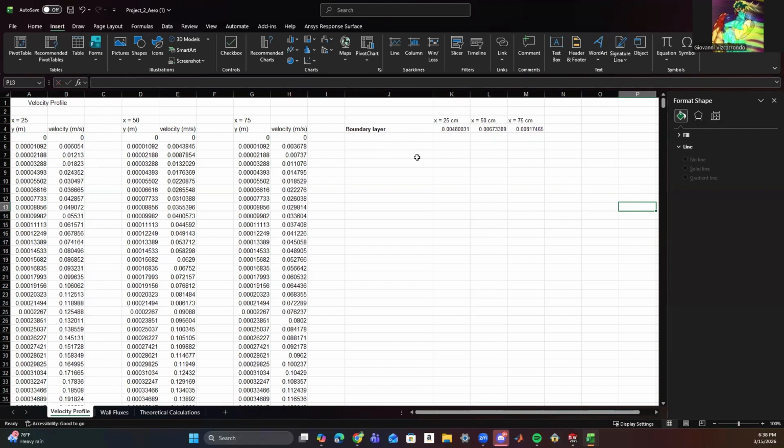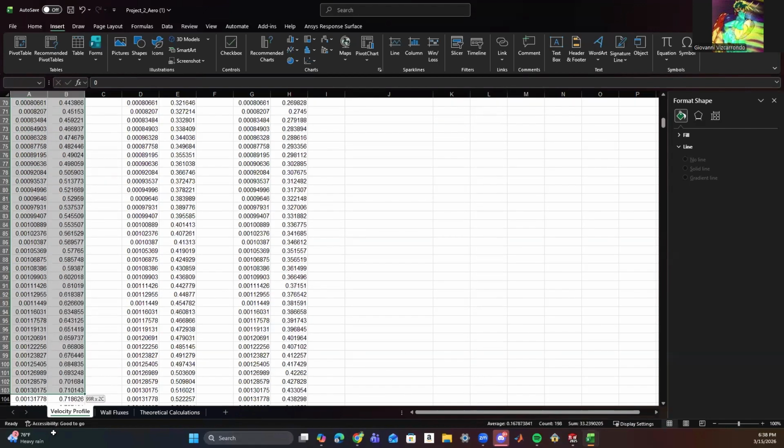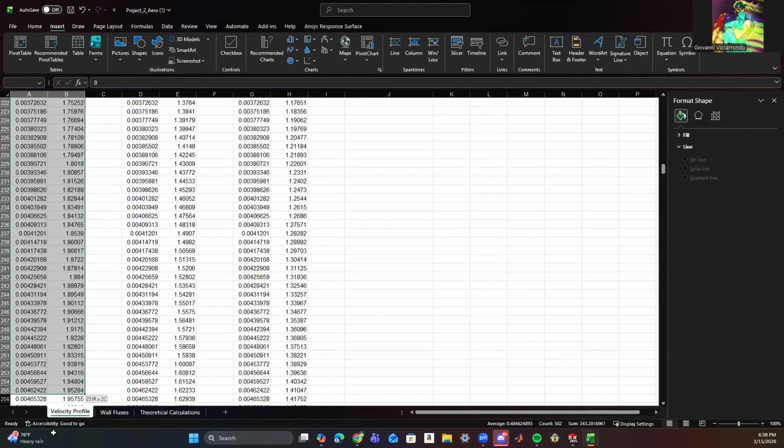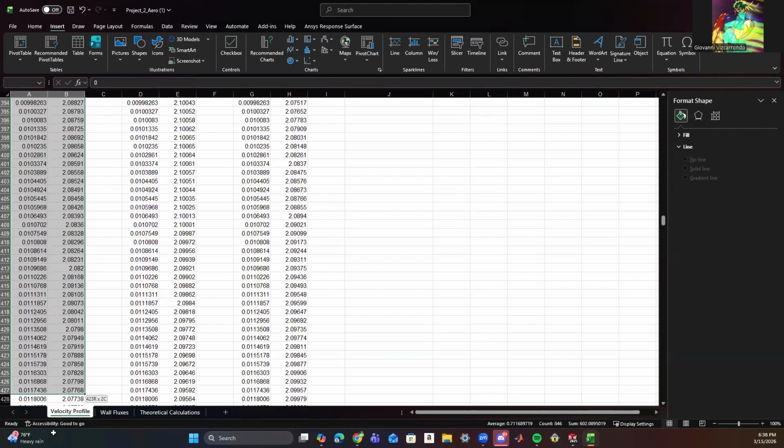And now what we're going to do is make a velocity profile graph. So we're going to take this, this, this, all the way down to the bottom. It's going to take a little while because we have a lot of data sets.